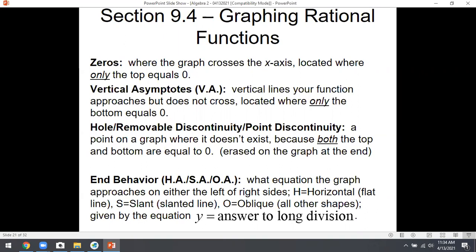Now, that's a bunch of talky talk. Until we actually see it in practice with some examples, it's not going to make a lot of sense. And by the way, this actually is the most general thing I can teach you. If you understand all this, polynomials are a special case of this, where the bottom is just 1 and things like that.